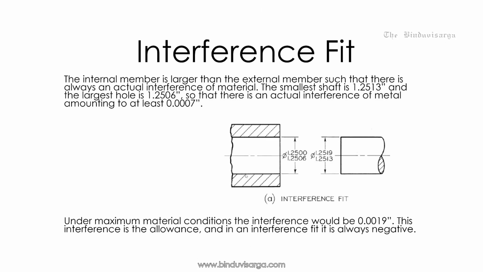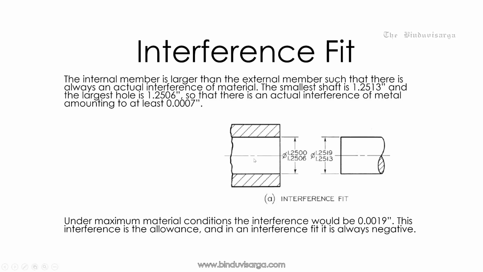Interference fit. The internal member is larger than the external member, such that there is always an actual interference of material. The smallest shaft is 1.2513 and the largest hole is 1.2506, so that there is an actual interference of metal amounting to at least 0.0007.